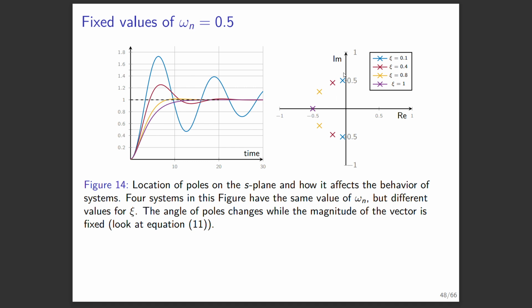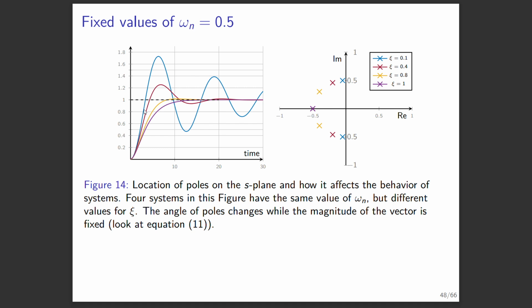Now, what does that mean for unit step response? Look at here. What do these systems have in common? They don't have damping ratio in common, do they? No, the damping ratio is different.